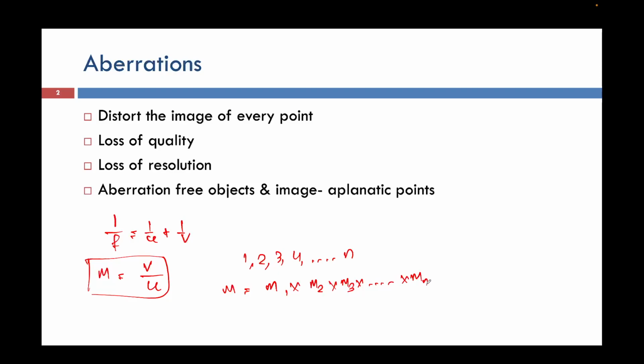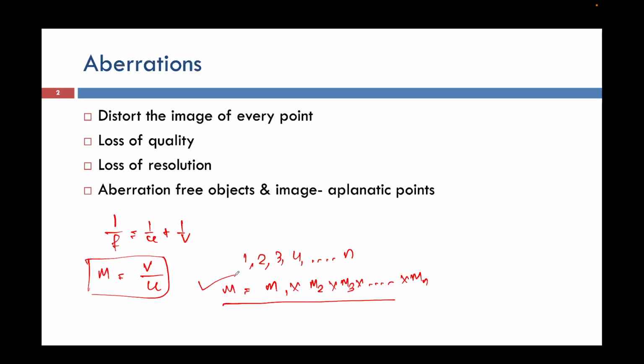But if I follow this rule, then I can get extremely high magnification using several combinations of lenses. But I cannot do that. Why? Because though theoretically this is possible, practically it is technically difficult.